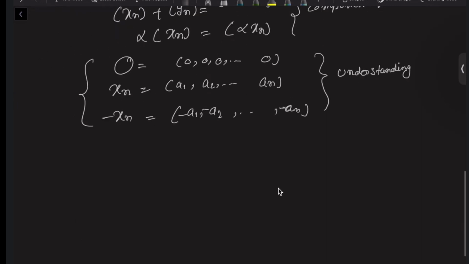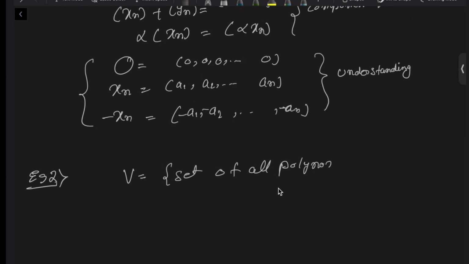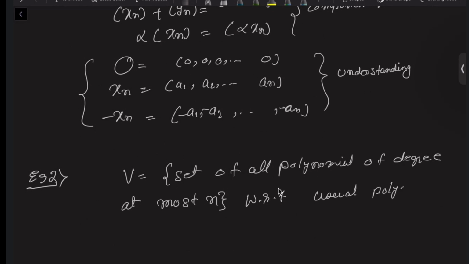Now I'll consider one more example, and this time I'm going to take the set of all polynomials of degree at most n, with respect to our usual polynomial addition and scalar multiplication.